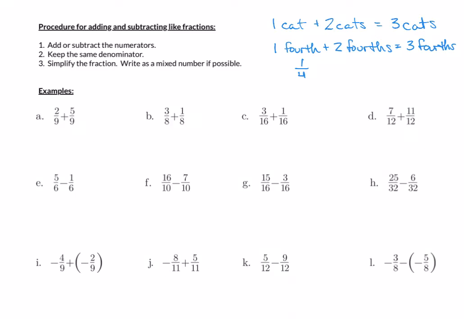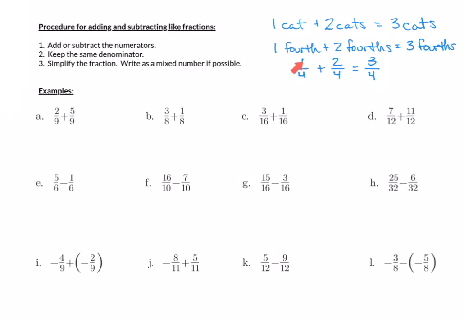If we put this in fraction notation now, we have 1/4 plus 2/4 equals 3/4. So now let's look at this and see what we did. Our procedure to add like fractions or subtract like fractions, we're going to work with the numerators.